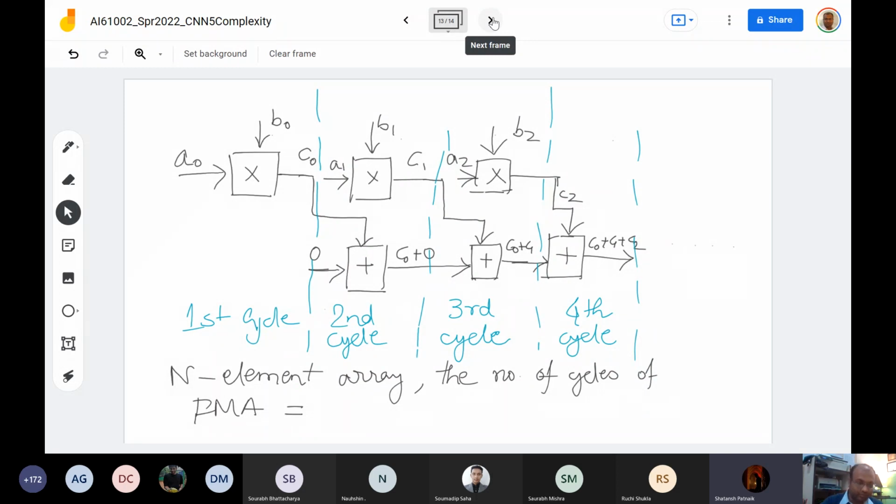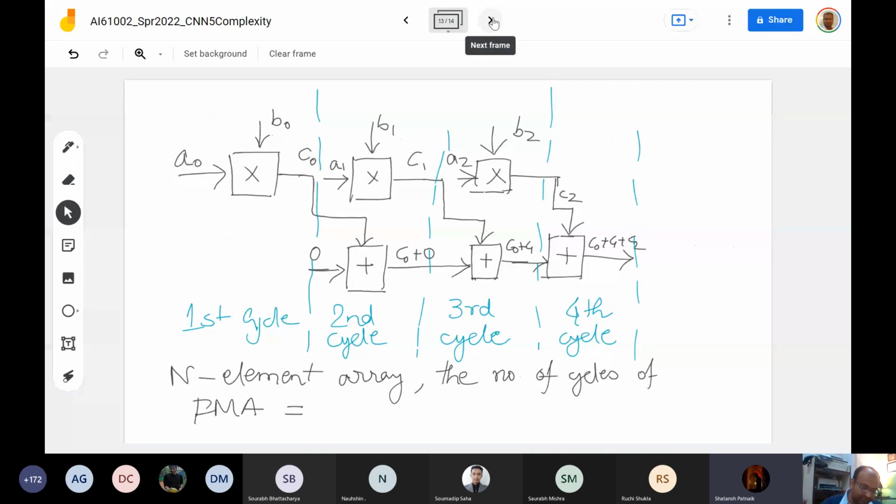So I can take that input to my adder only in the second cycle. I don't have that option of taking this input to my adder in the first cycle. So the A0, B0 result is something which comes as my input to my adder over here.